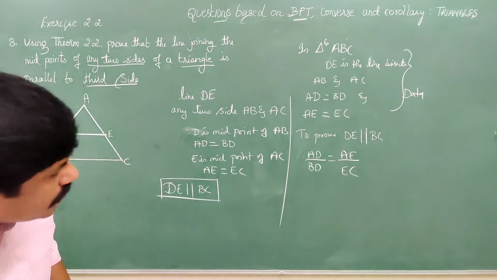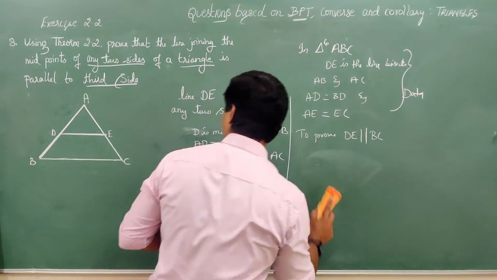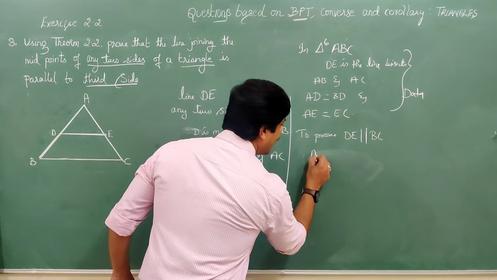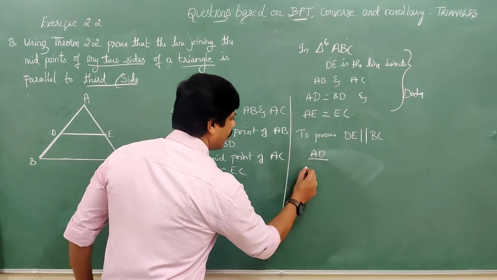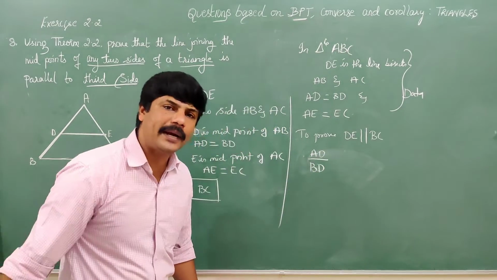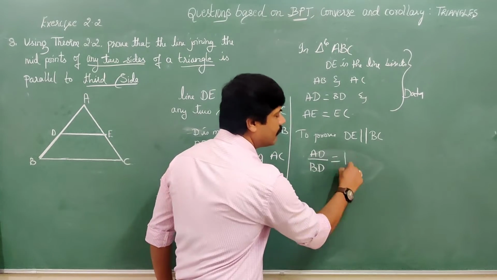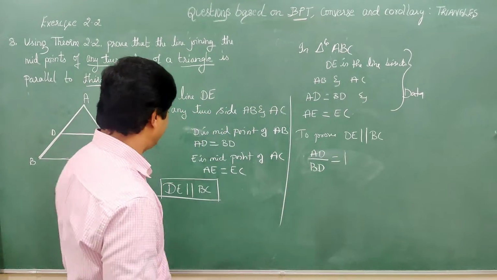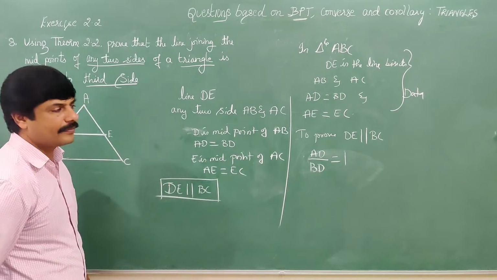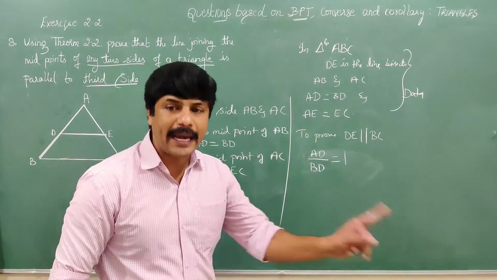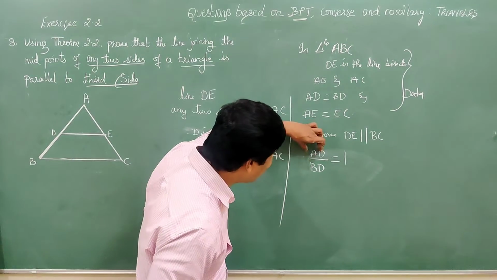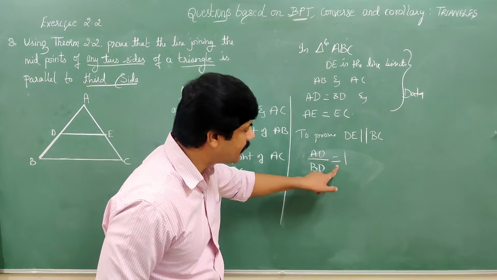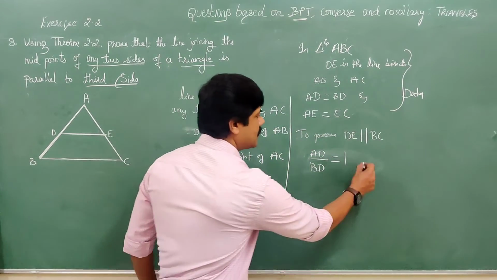How? We will see that. Now take that. What is AD by BD? AD by BD is 1. How? Since AD is equal to BD, if you take AD by BD, both get cancelled but 1 remains.